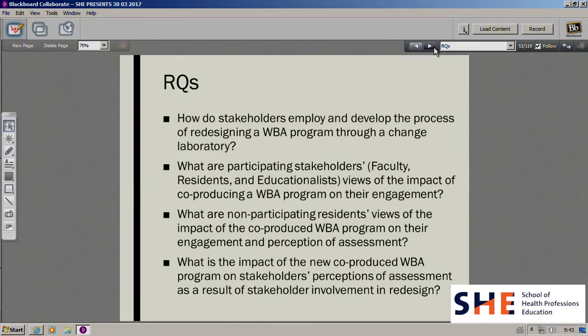This is just briefly what the research questions would address. How do stakeholders employ and develop the process of the redesign of workplace-based assessments? And then after that, we would like to measure the participating stakeholders' views on the impact. In addition to that, we will also have a different group of residents who would be joining who have not experienced the redesign.